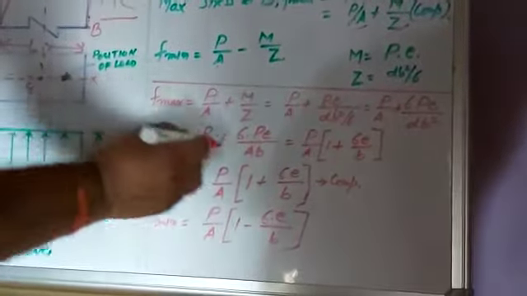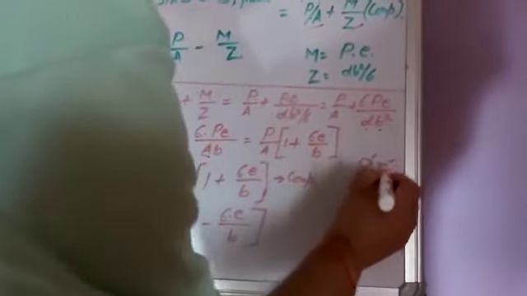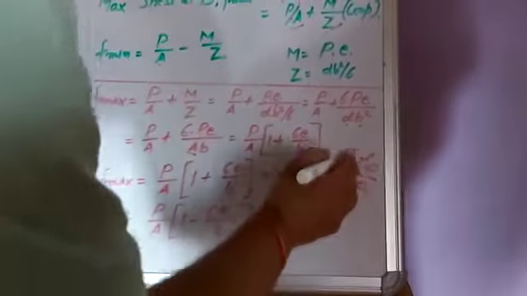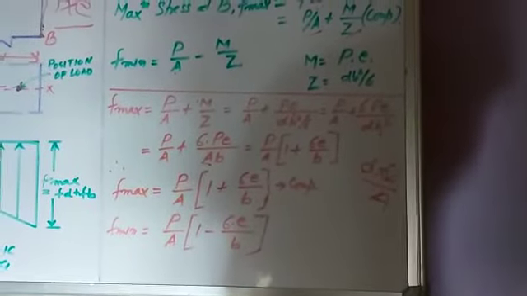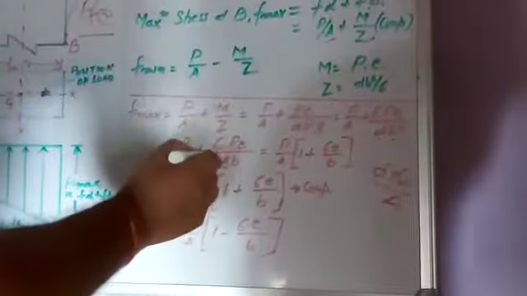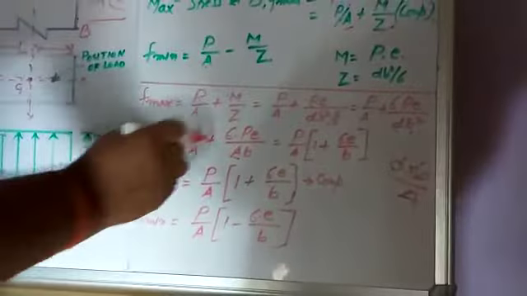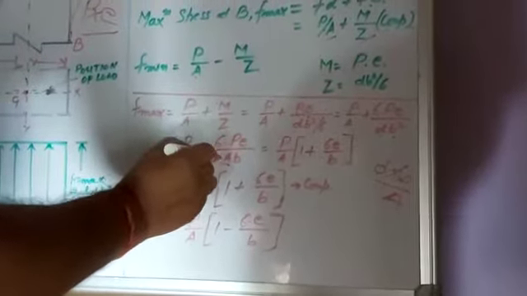Here, where this A has come, we had dB square. D into B is the area, so in place of D into B I have written A, and one B is remaining. So 6 into PE by AB.